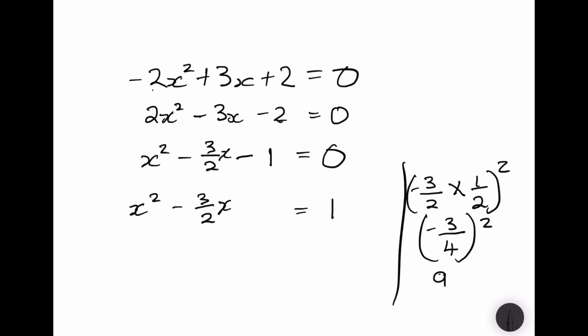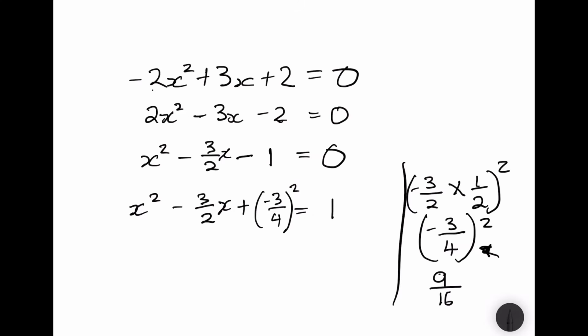That would give you 9 over 16. But as I did say to you, I prefer taking this as is. Why? Because it will help me to know what the brackets are. So that's going to be plus a -3 over 4 squared.